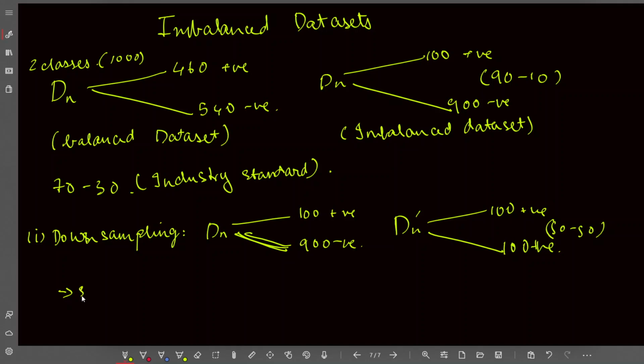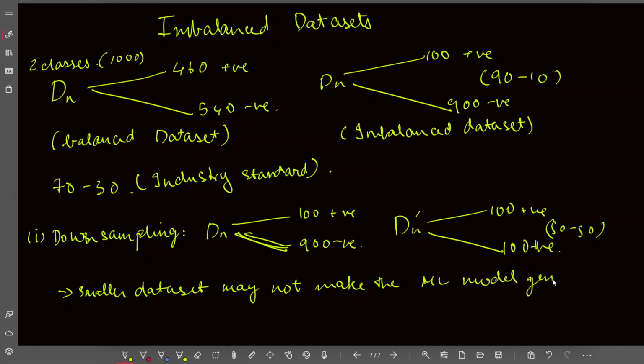A smaller dataset may not make the ML model generalize well. So we obviously want as much data as possible, so that the model learns better and performs better on unseen data.